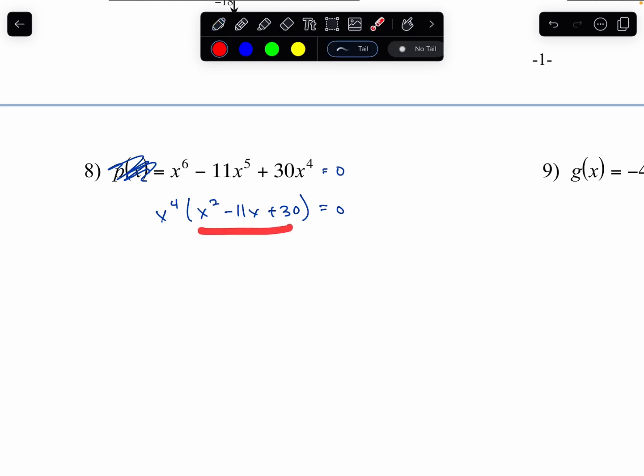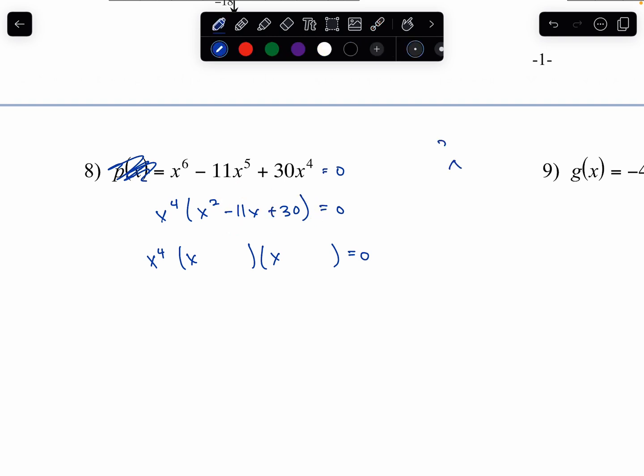I have a trinomial here. So let's see if I can factor that into two binomials. So starting with x, are there two numbers that multiply to be 30 and add to be negative 11?